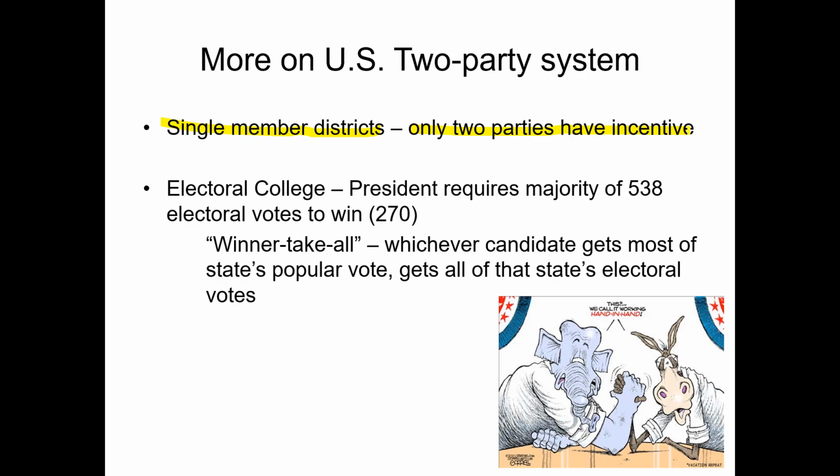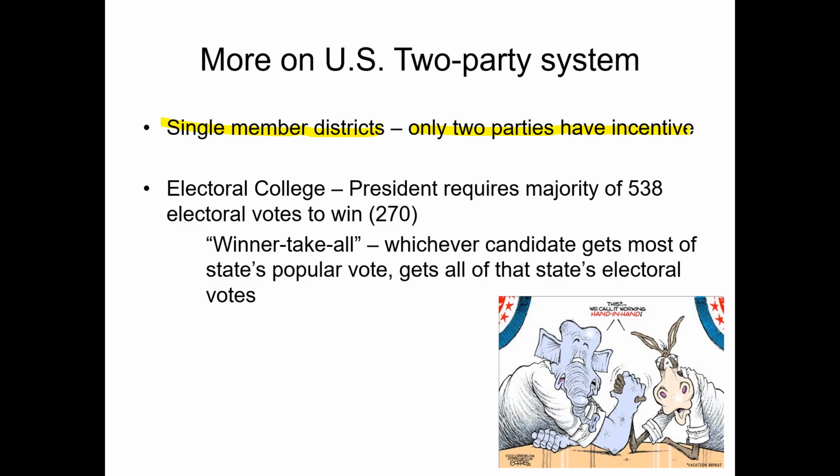For example, if you had a district where 3 representatives were going to be elected, then you would have at least 4 political parties that would have an incentive to try to get elected, because those last 2 parties could still vie for that 3rd place.